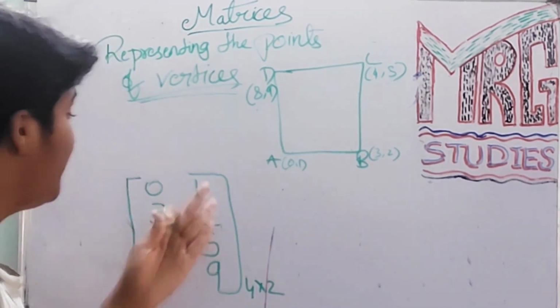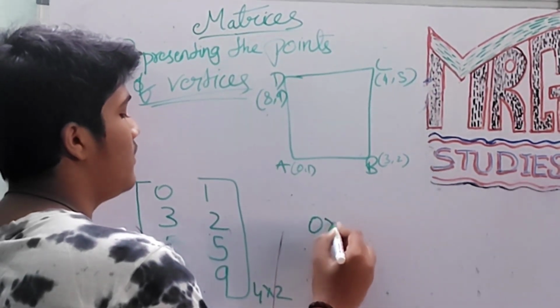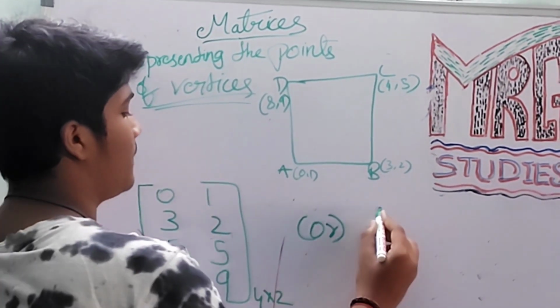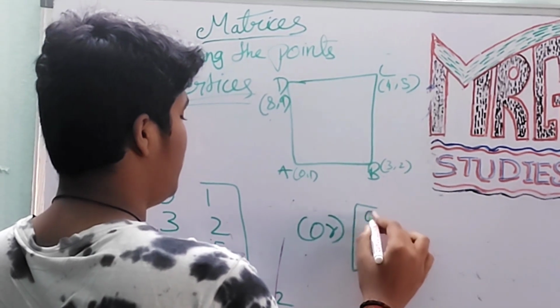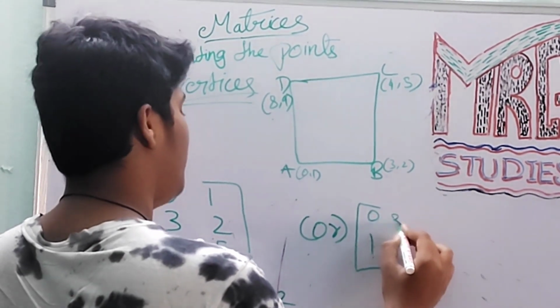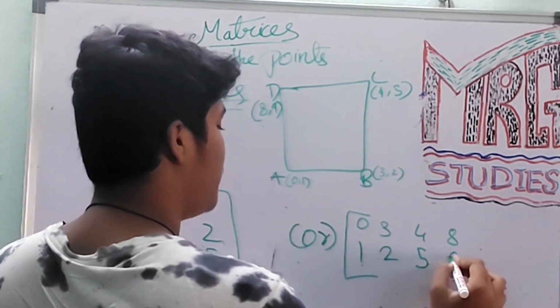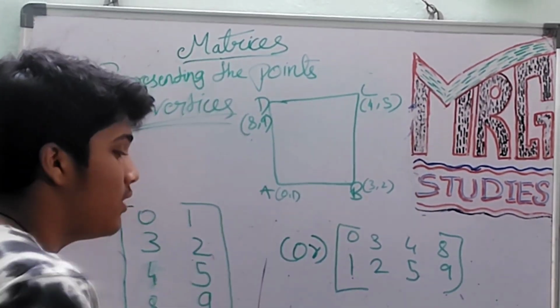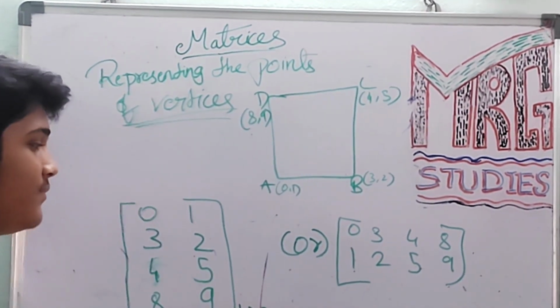Or we can write it in another way also. This matrix, see: 0, 1, 3, 2, 4, 5, 8, 9. Right friends? Now tell me what is the order of this matrix?